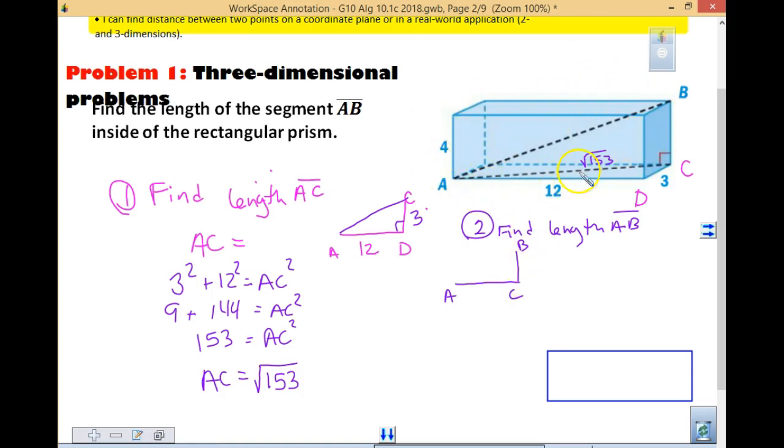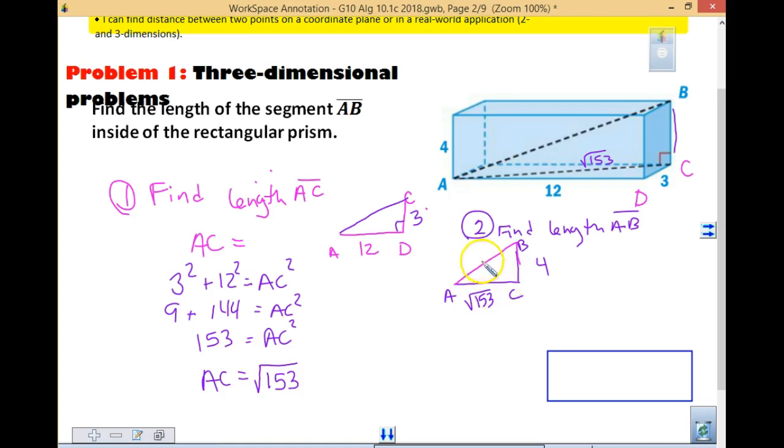We know, Ben, how far between C and B? This length from C to B. 4. Because I have 4 over here, so it's 4 everywhere for our height, right? And we just found that AC was the square root of 153. And we are asked to find the length from A to B.